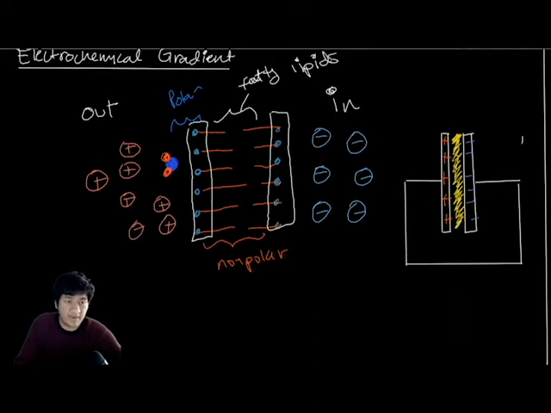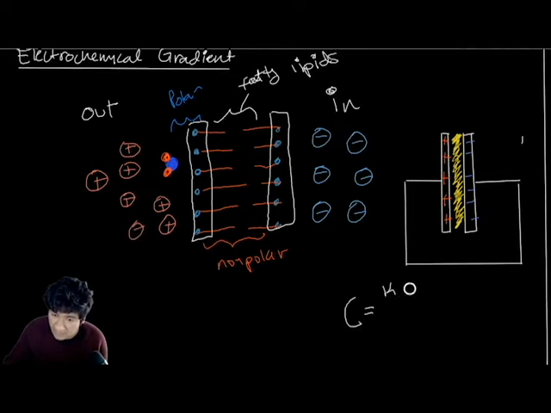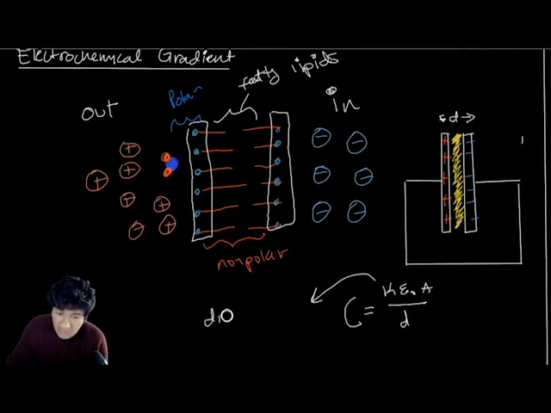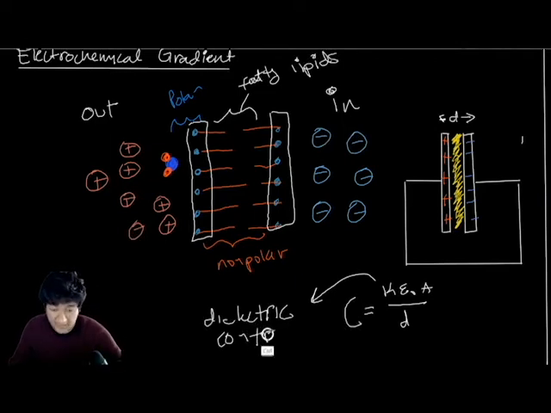And the way to find out how much is actually stored is through a simple equation that sums up capacitance. So capacitance is equal to kappa epsilon naught A over D. D is the separation distance between the two plates, and kappa is a dielectric constant that characterizes the dielectric.